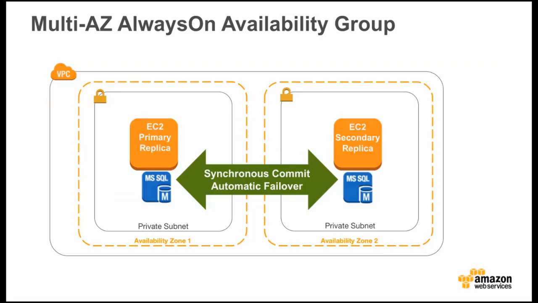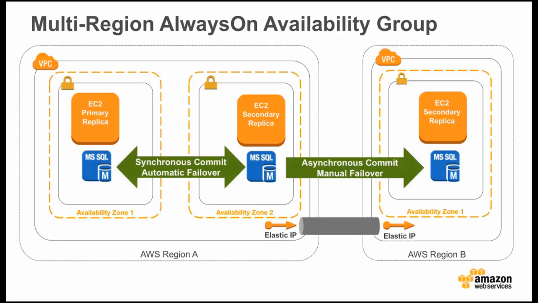Automatic failover occurs between availability zones within the primary region, but there's also an asynchronous commit going over a VPN connection between different regions, allowing you to do a manual failover at that level to an entirely different geographic region should the need for that arise.